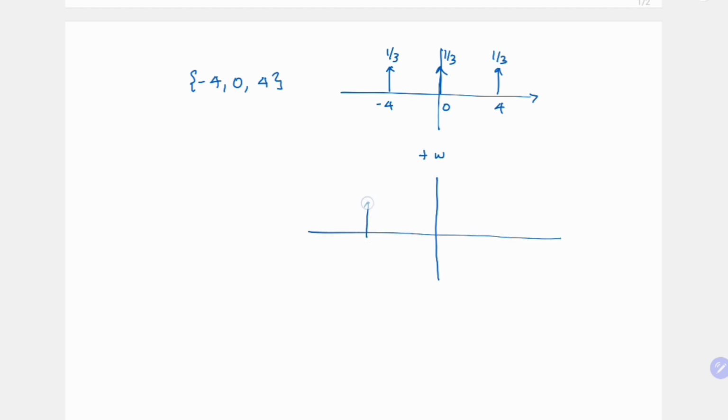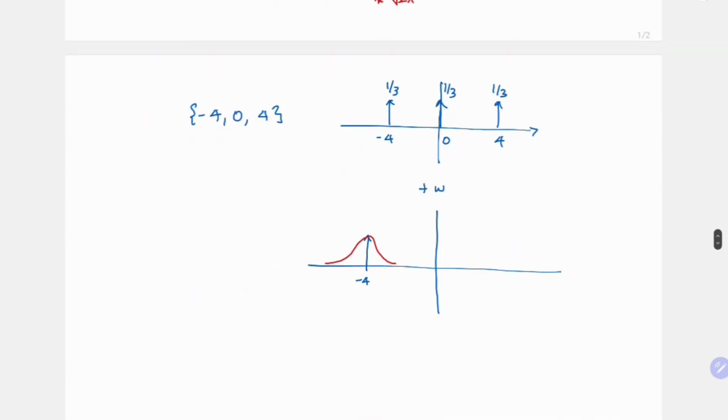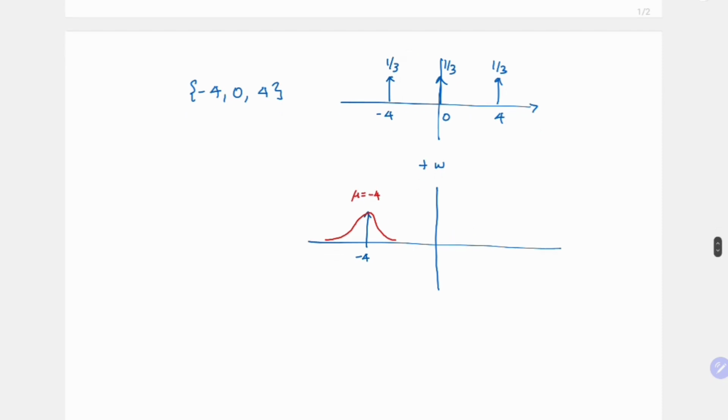If you only have your -4 and you have noise on it, your distribution will become like this. The Gaussian shape will remain the same, only your mu will change to -4. Similarly, at 0 you will again have the same distribution, with mu still at 0. And at 4, your Gaussian shape will remain the same, with a mean of 4.